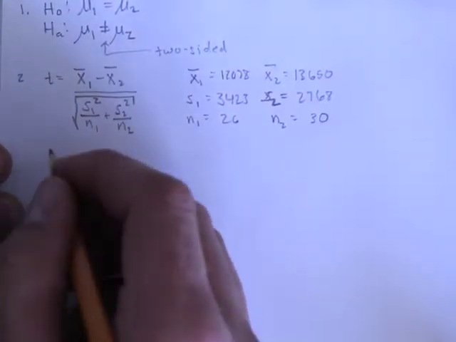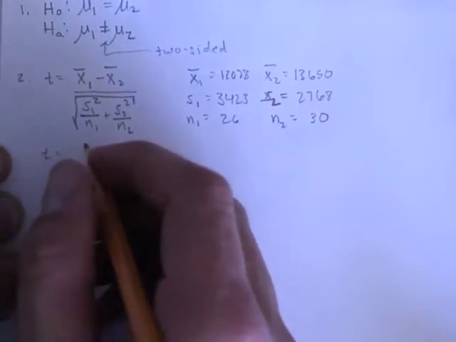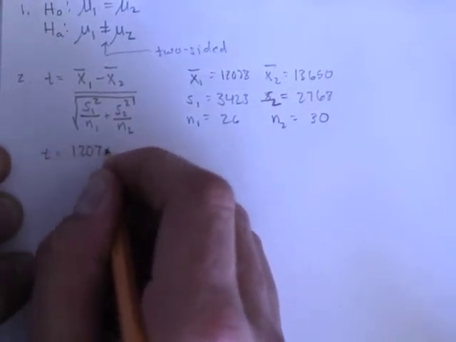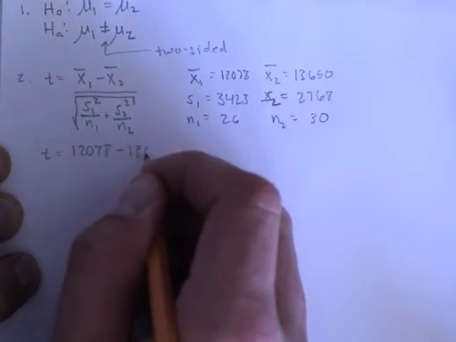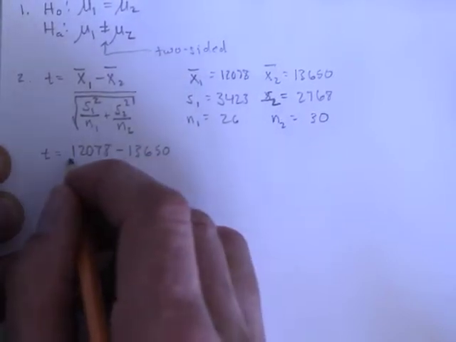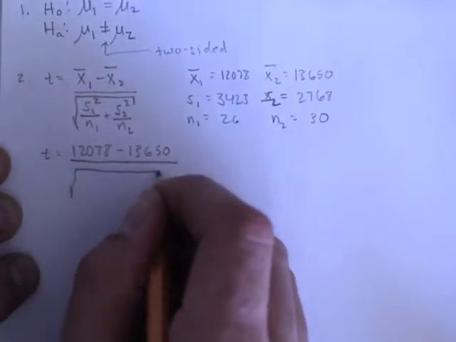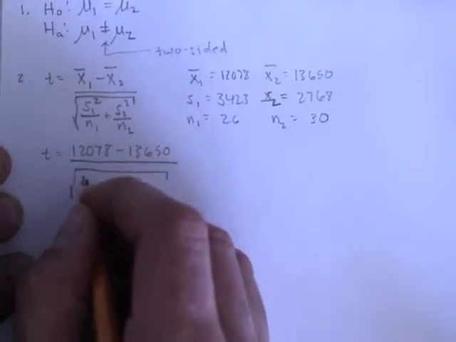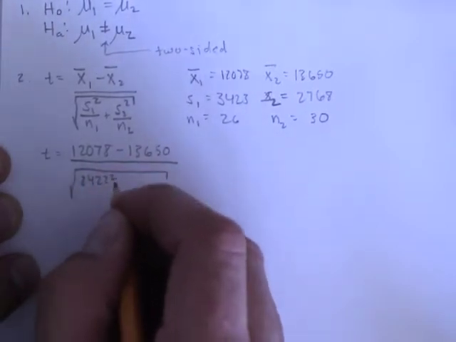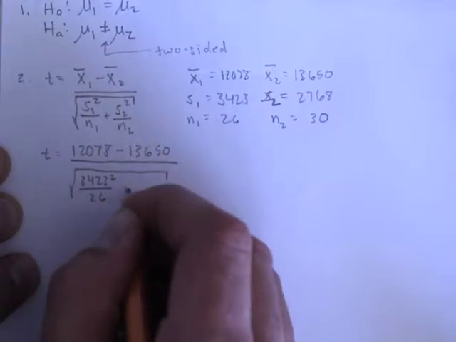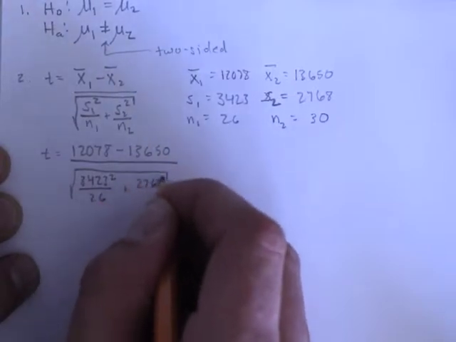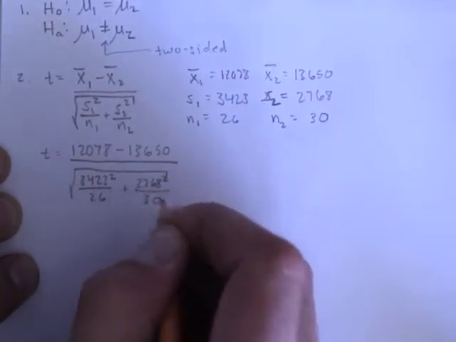So the formula, when I plug that in for t, would look something like 12,078 minus 13,650, all divided by the square root of 3423 squared all over 26 plus 2768 squared all over 30.